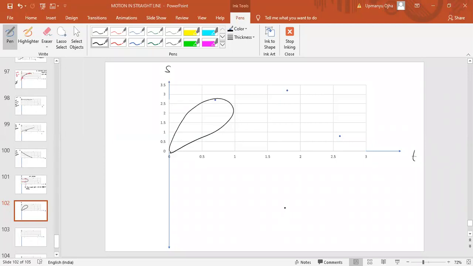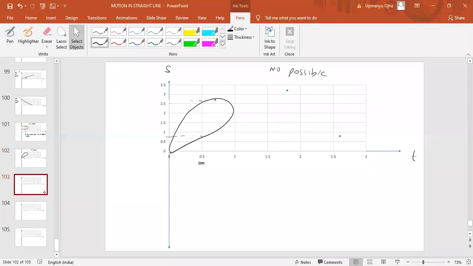If I take 0.5 second, we have two different displacements, which is again not possible. A particle cannot have two different positions at the same time. So this graph is not possible. You have to write the reason why it is not possible. Okay, fine. Next.